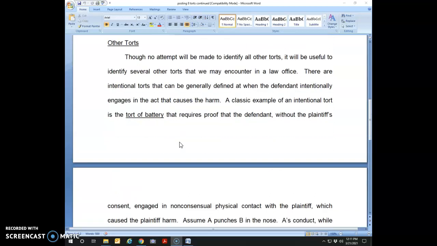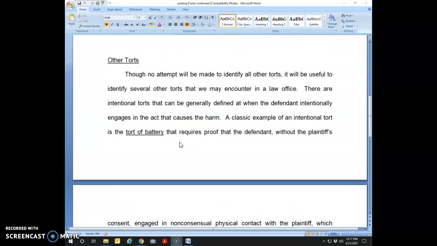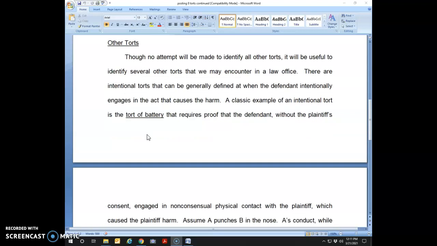We also have other torts, and I'm going to just talk about two of them. One would be the tort of battery. And we could call this an intentional tort because, unlike negligence, the defendant here intends to engage in the tortious conduct, which is touching the plaintiff without the plaintiff's consent.